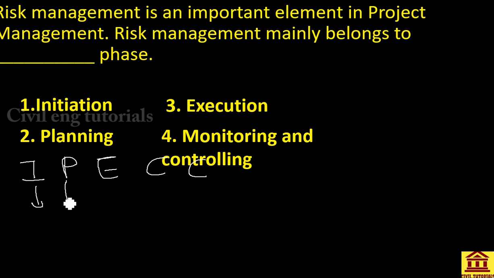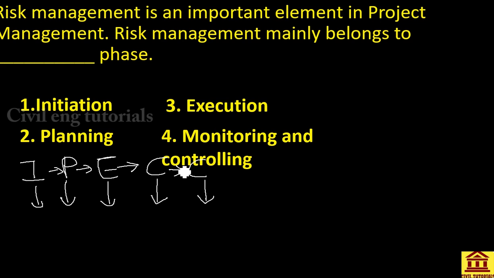In IPECC, I means initiation, P means planning, E means execution, C means control, and the final C means closure. This is ordered in the sequence. So first initiation, then planning, then execution, then controlling, and closure.